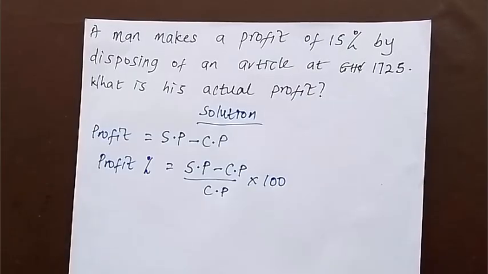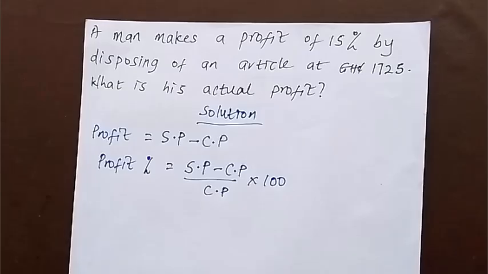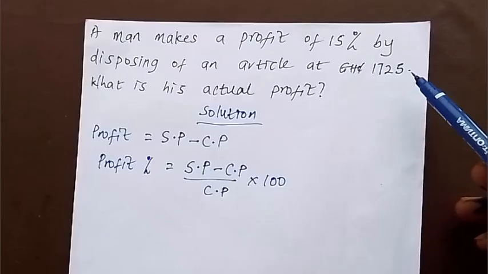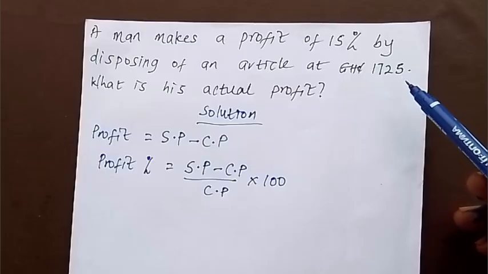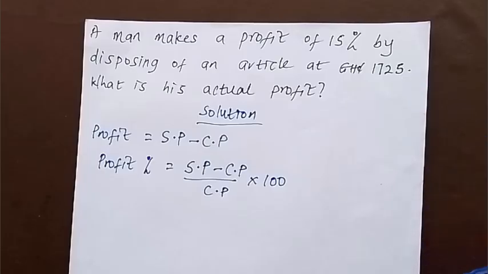Now the question is demanding the profit itself. Before we get the profit, we should be able to determine the cost price. The selling price has been given to us, but before we get the profit in monetary terms, we should determine the cost price of the article.